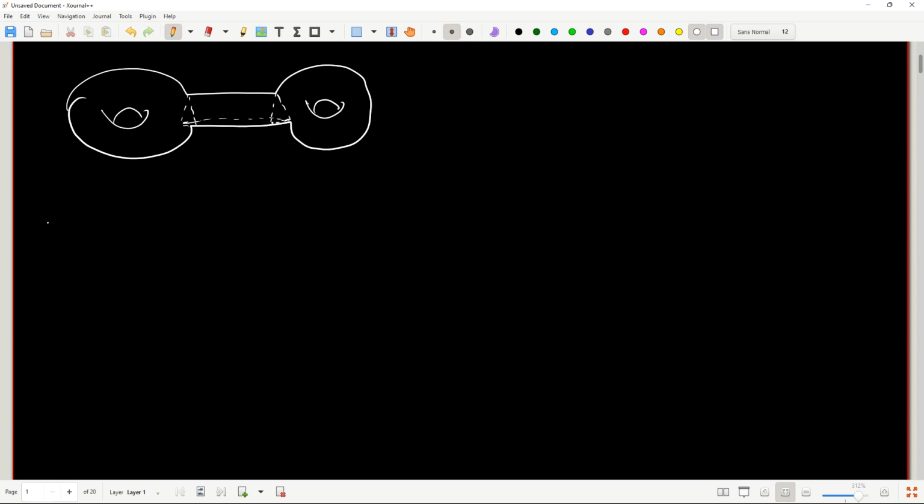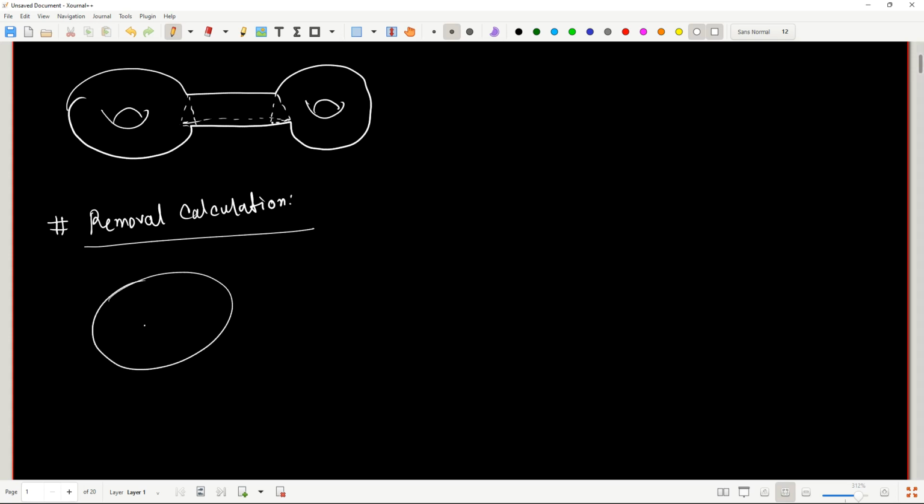This is a computation for the removal, I'm calling it a removal calculation. That means I want to compute how many vertices, edges and faces are we removing from the toruses that we had initially. That means the two toruses, right? So this is one, the guy called X, and this is the guy Y.